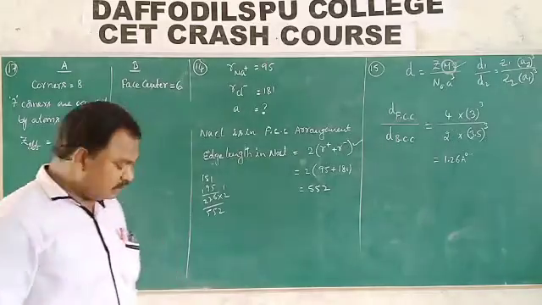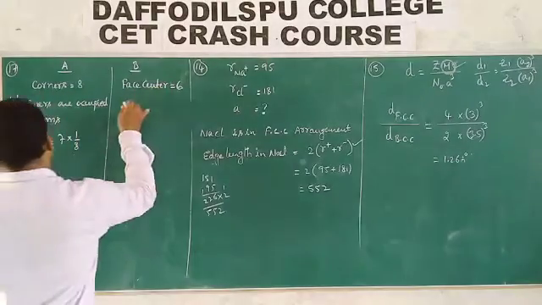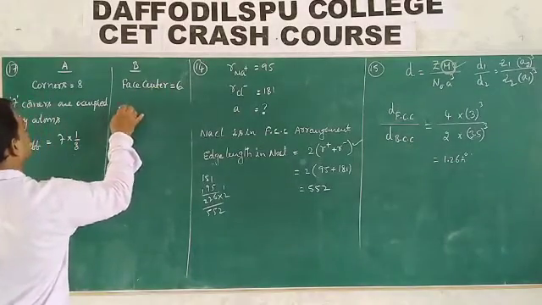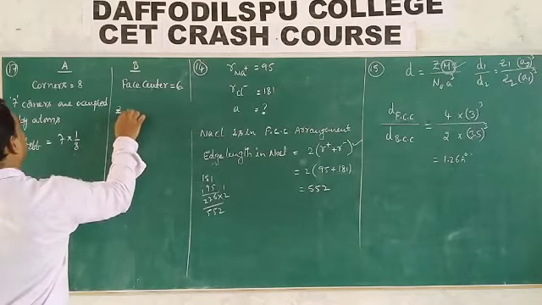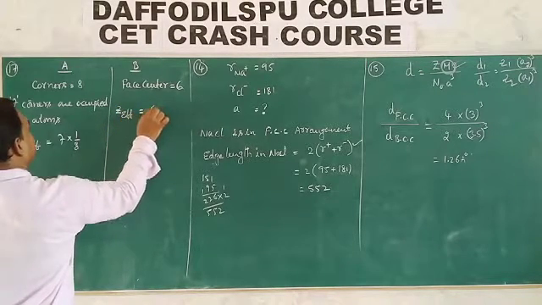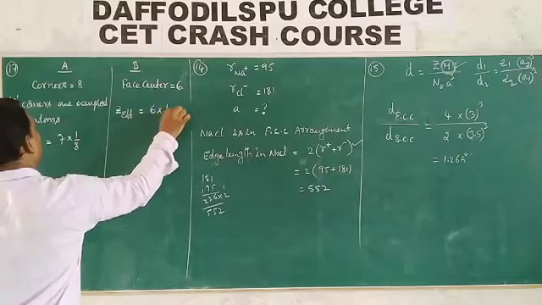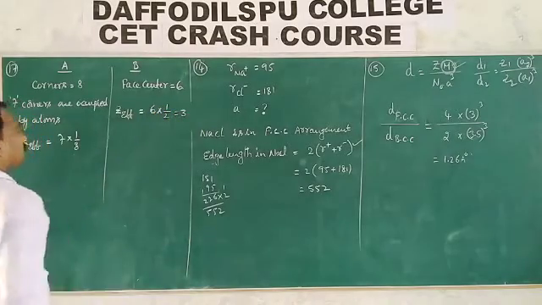Z effective in case of B atoms is 6 into 1 by 2, which becomes 3.